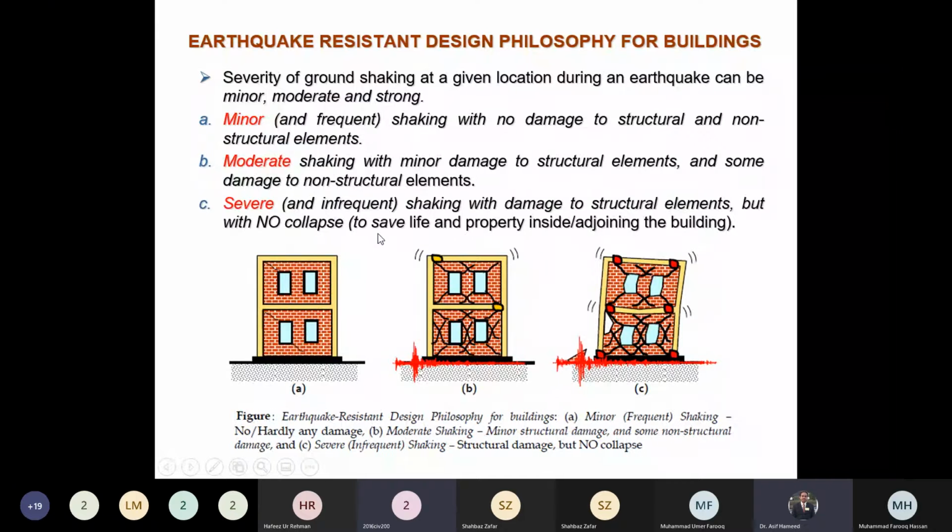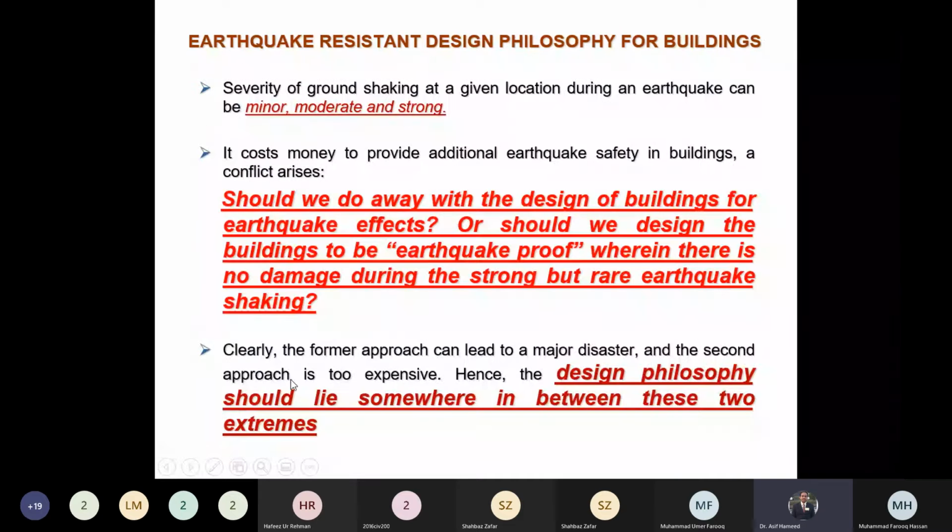In any case, you have to save the lives. So this is the design philosophy. It is somewhere between these two extremes. If you make our structures earthquake proof, that will be very costly. And if you do not consider the earthquake loads, then even during the minor or moderate earthquakes, your structure can be damaged. So it is somewhere in between.